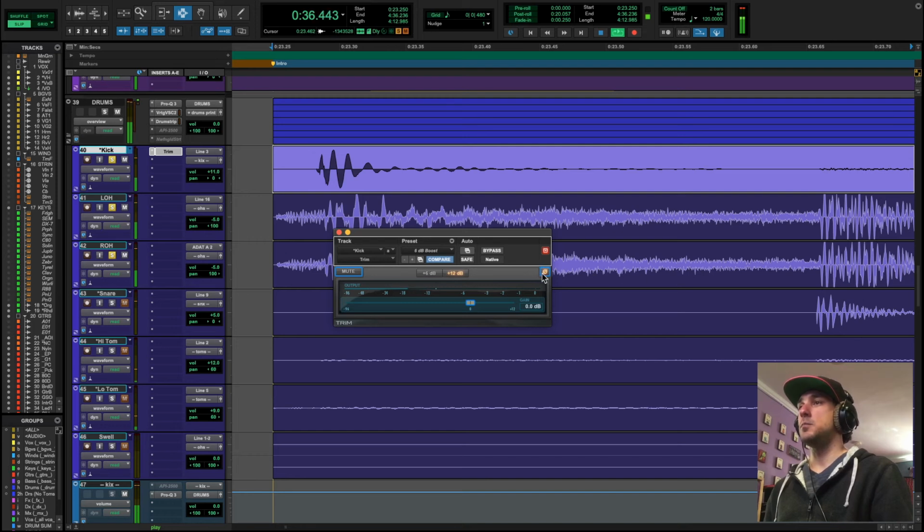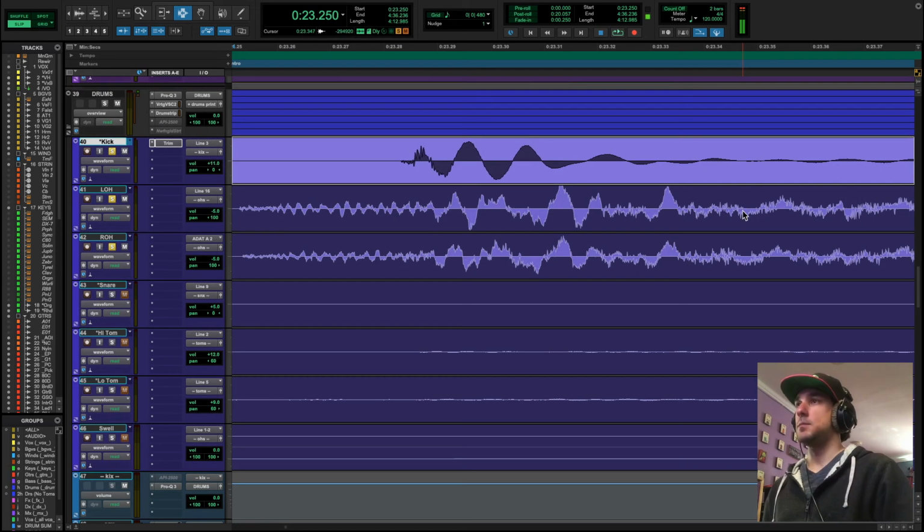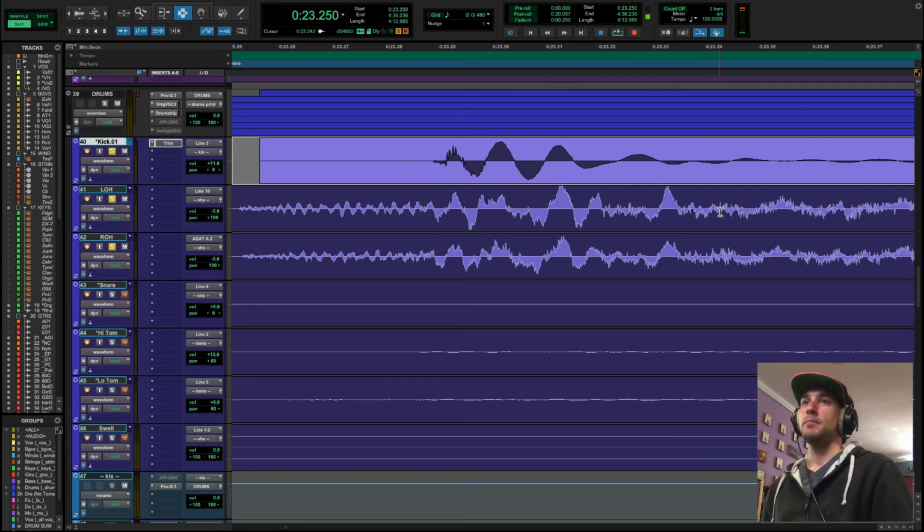It's different, but it's not quite a solution. But if I nudge the kick back, listen to the bottom end now. You see how these waves are a little more in phase here.